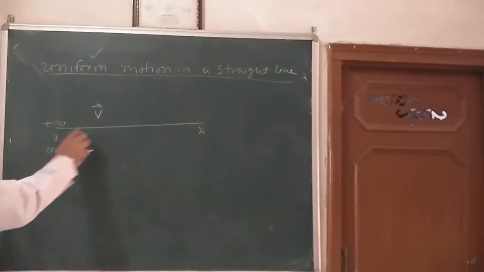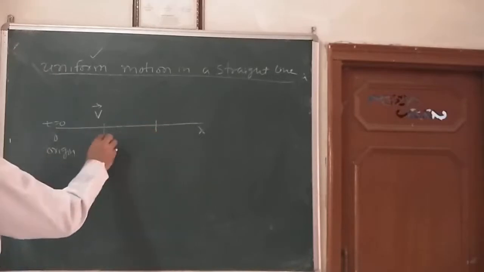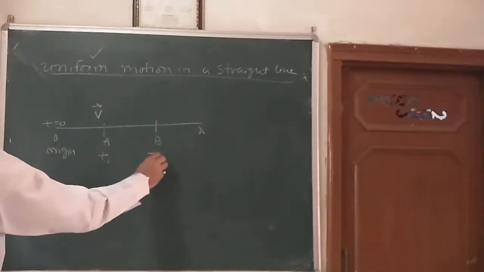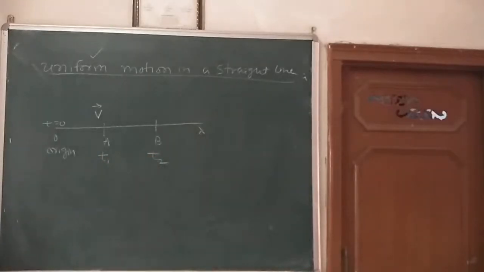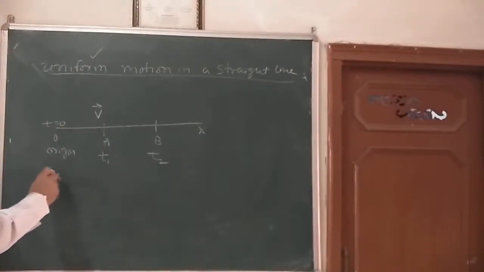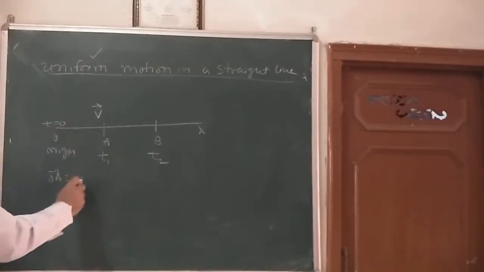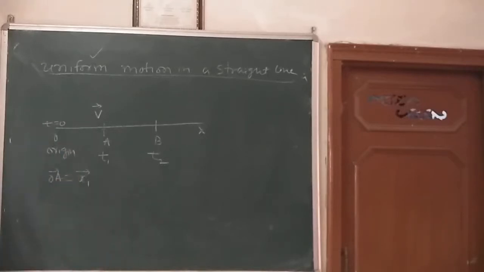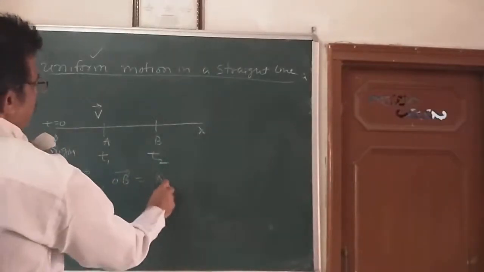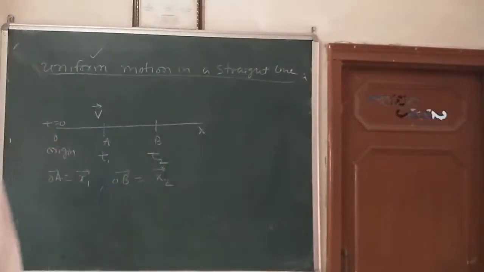Say the object starts from here. Suppose it reaches points A and B, and the times here are t1 and t2 respectively. The displacement from O to A is x1. Similarly, the displacement from O to B is x2.